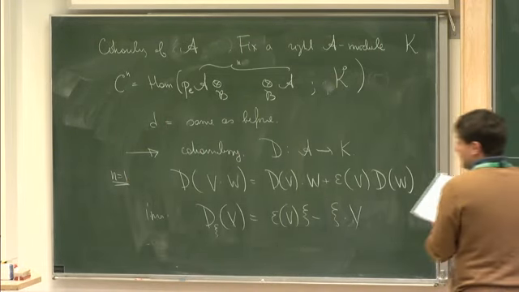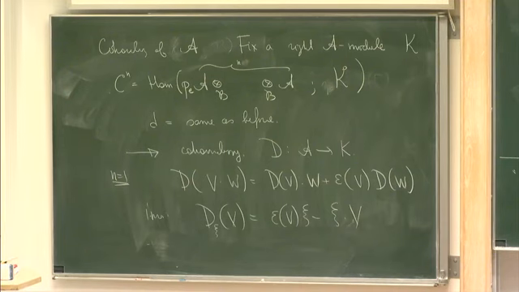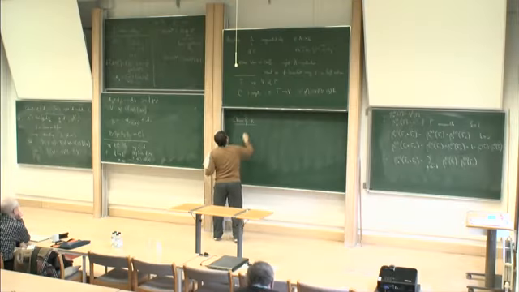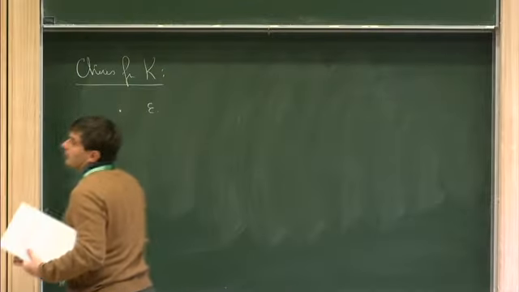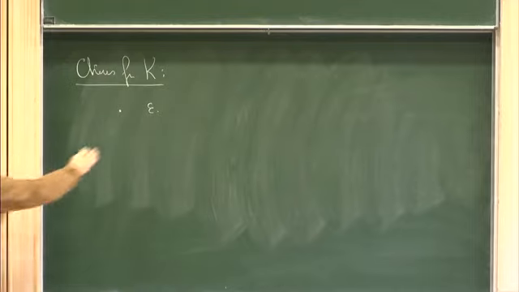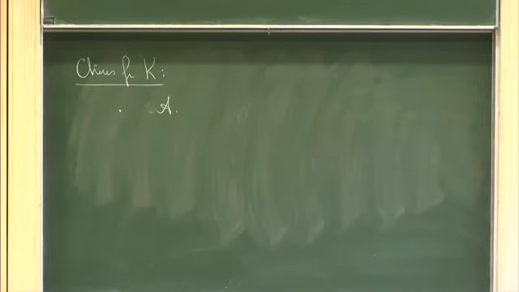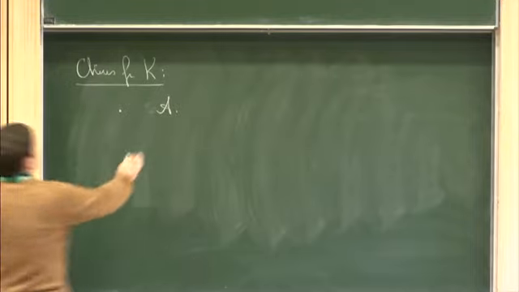Now, just as in the group case, there are some canonical choices of modules that you can take. Choices for K: one is to take epsilon.